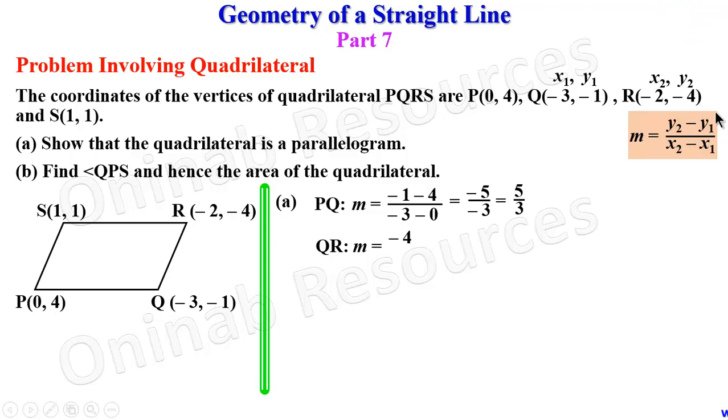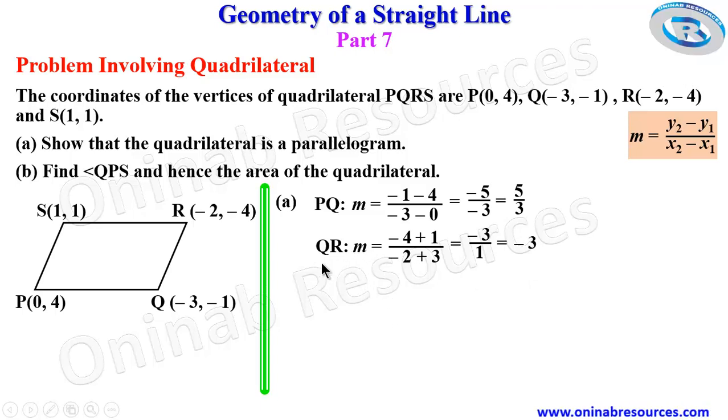That's going to be -3, over x2, which is -2, minus x1, that is -3, which gives +1. So simplifying, we have -3 over 1, and -3 over 1 gives -3. So we are done with QR.